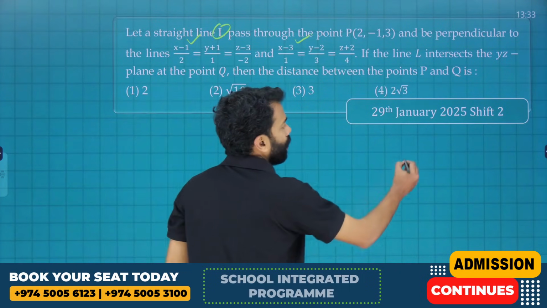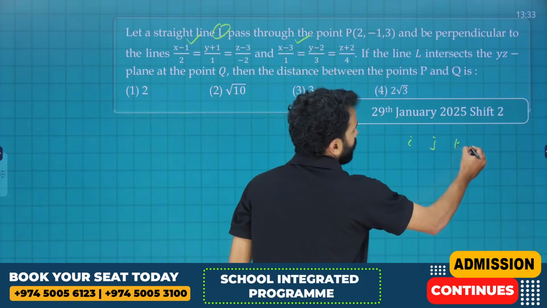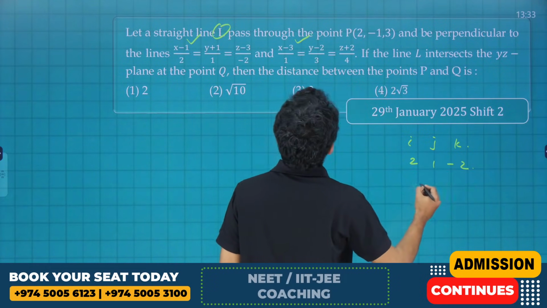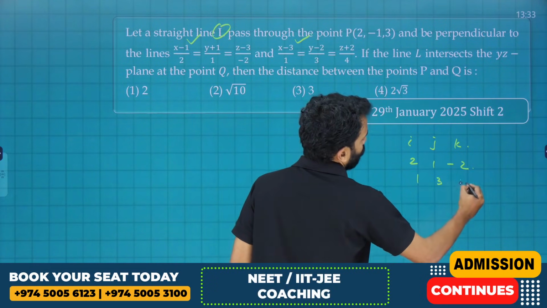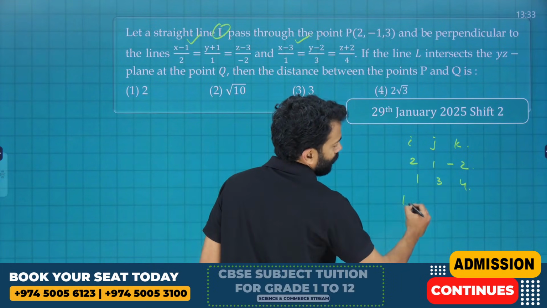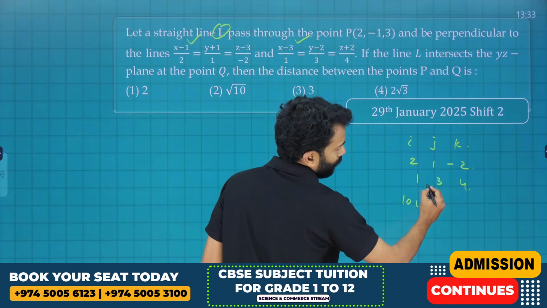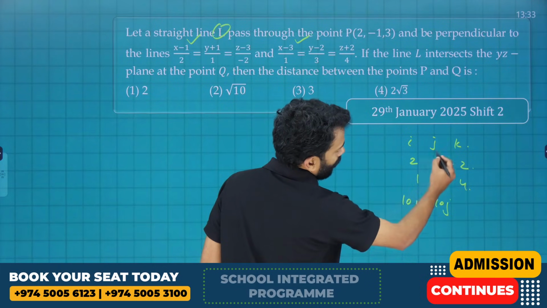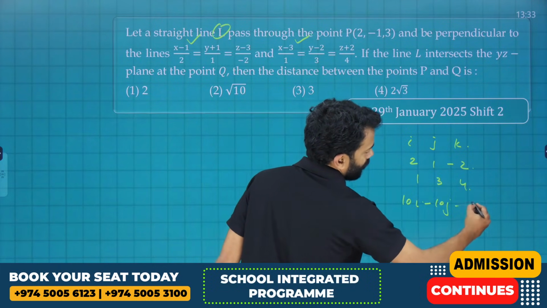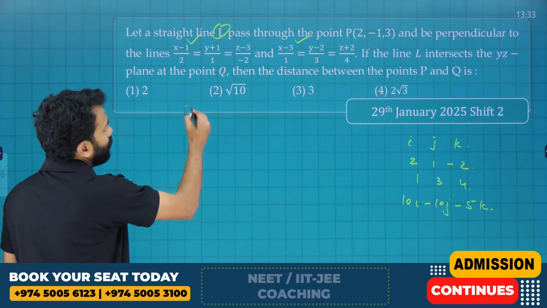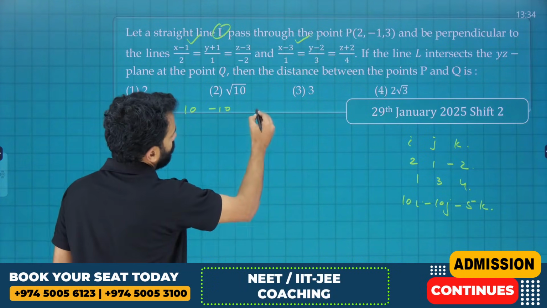So it will be i, j, k, then 2, 1, 3 in the first row and 1, 3, 4 in the second. Therefore, it will be 4 minus 9 ... that is, the direction ratios come out as 10, minus 10, and minus 5.